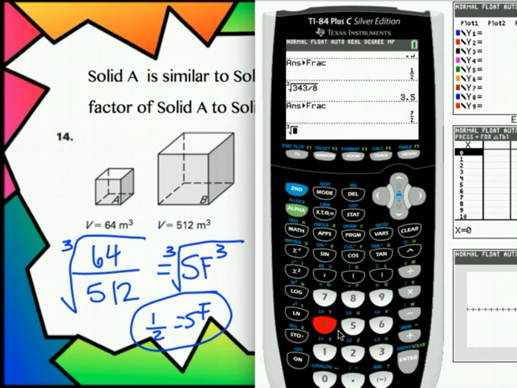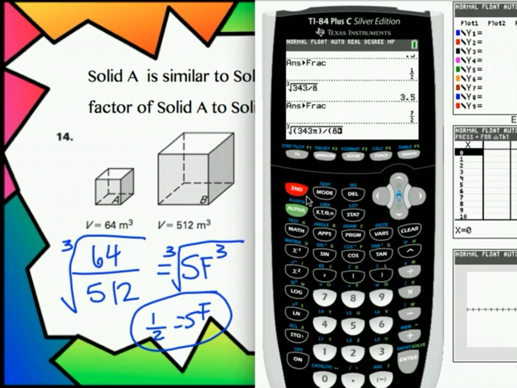Now if you were going to put the pi, let me just show you. Math 4, you'd have to put 343 pi, close parentheses, divided by, and it's even more parentheses if you don't have this new calculator that will keep extending the cubed root thing. What am I doing?